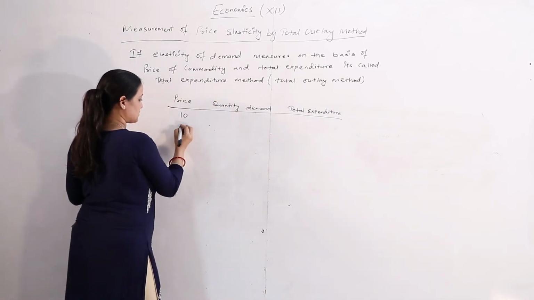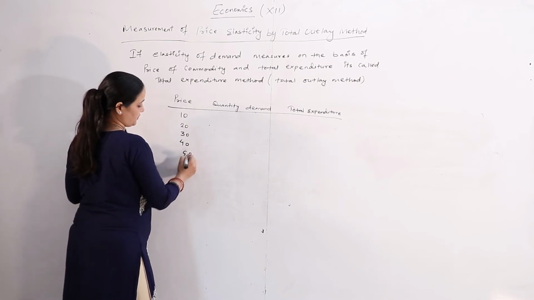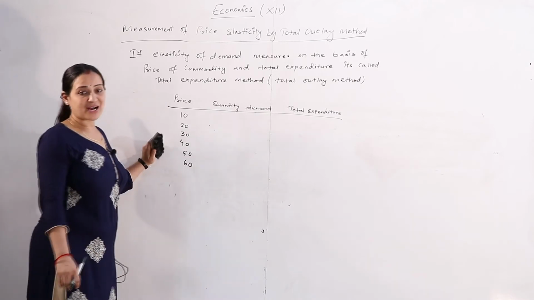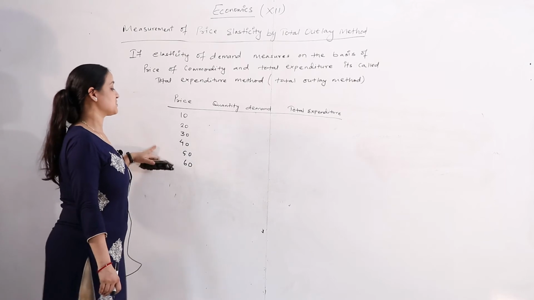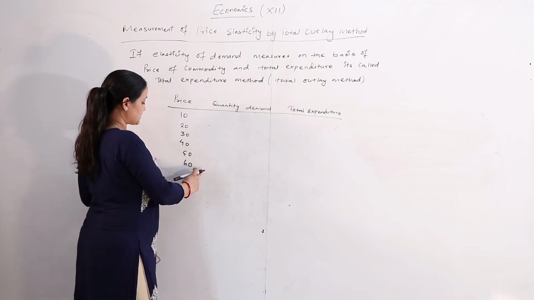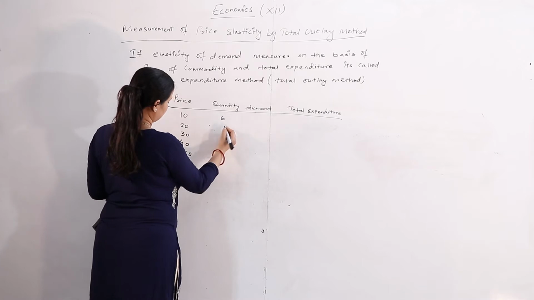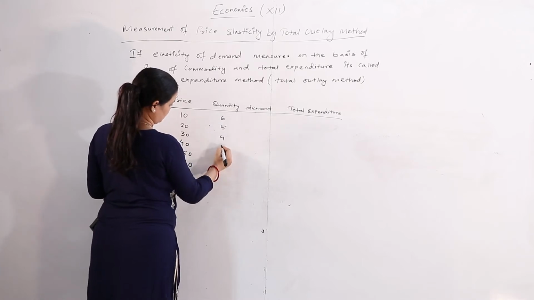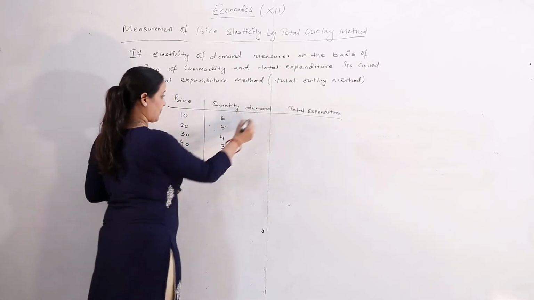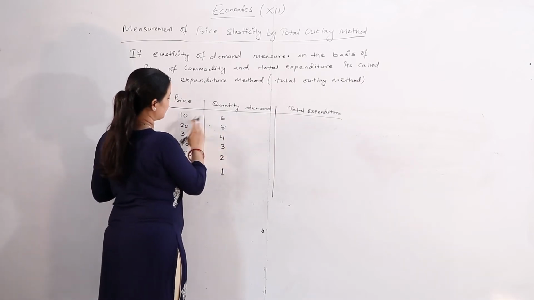The price of the goods and services is 10, 20, 30, 40, 50 and 60. We know that there is an inverse relationship between the price and quantity demand. When the price decreases, the quantity demand will increase. So we start the quantity with 1. Now the total expenditure is found when we multiply the price and quantity demand.